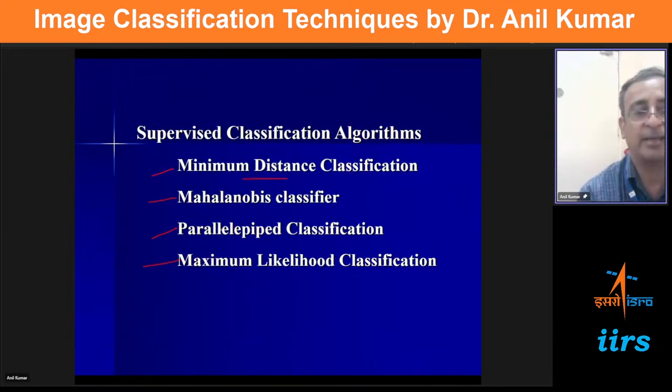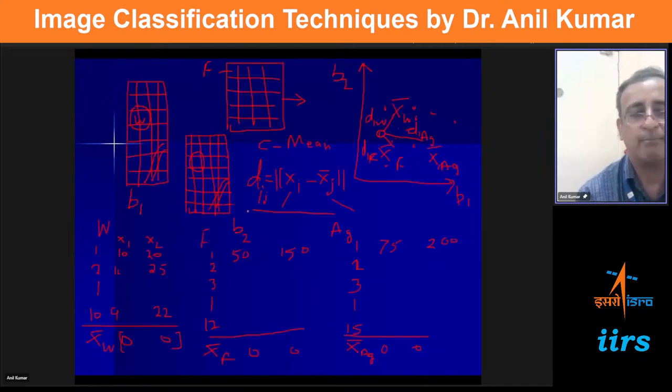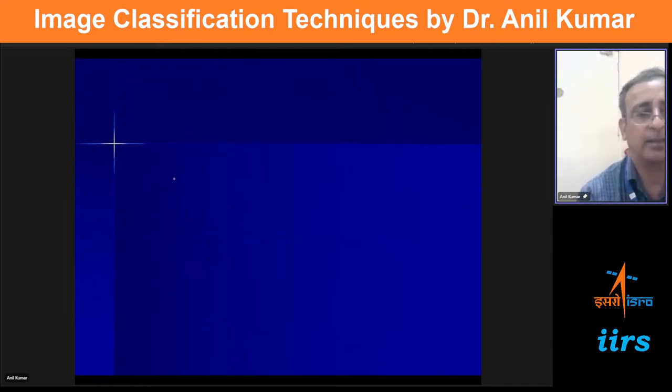Now, the second algorithm here is Mahalanobis distance. There is a very small difference. In Mahalanobis distance, the distance will not be what I have written here. It will be different. D square i j will come like (Xi minus Xj bar) transpose.